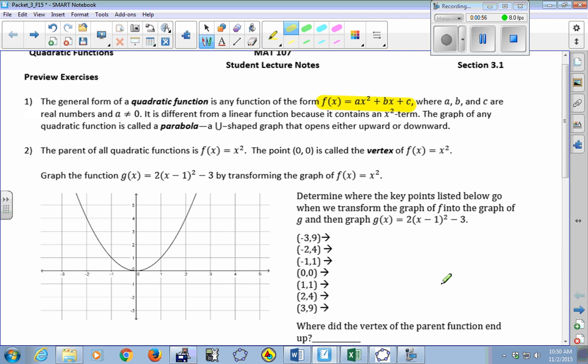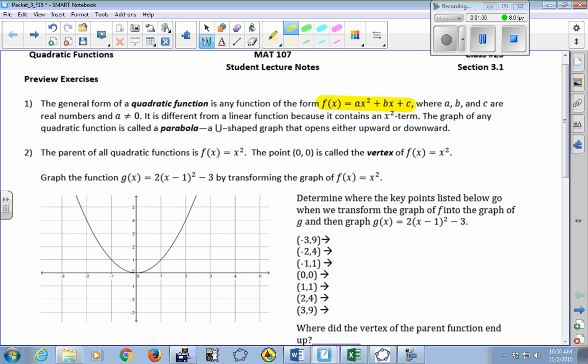Another name for this is the polynomial form. A polynomial is just a bunch of terms. These are 3 terms, and your exponents are all non-negative integers: 0, 1, 2. Polynomials are nice in the sense that their domains are all real numbers. You don't have any trouble spots. So this is polynomial form.